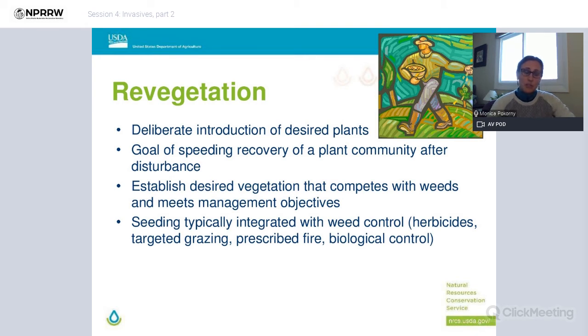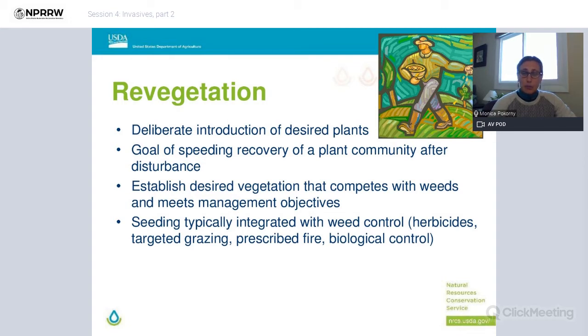So revegetation during invasive plant management would be the deliberate introduction of a desired plant or plant species. The goal could also be that you want to speed recovery of the plant community after a disturbance.